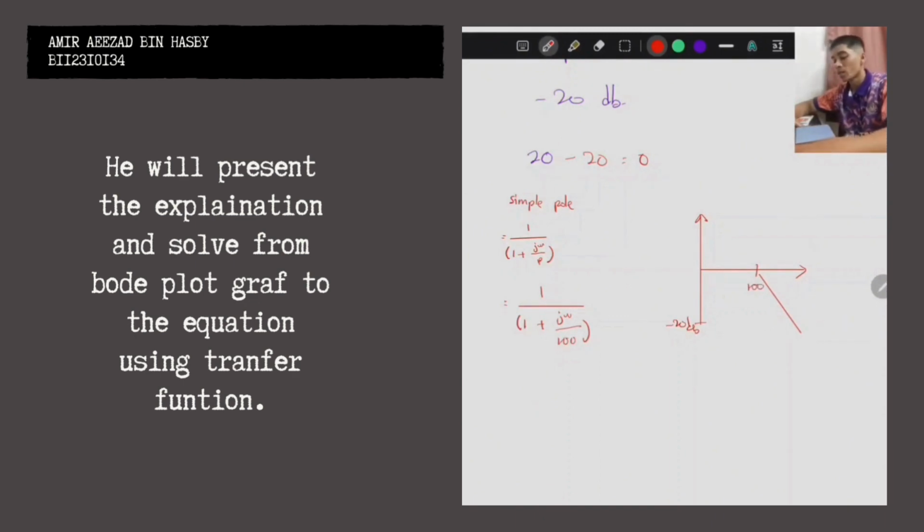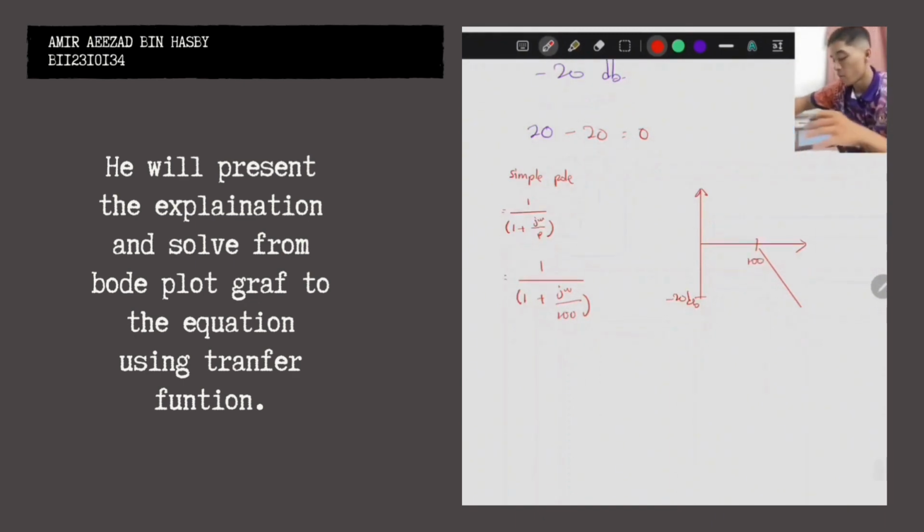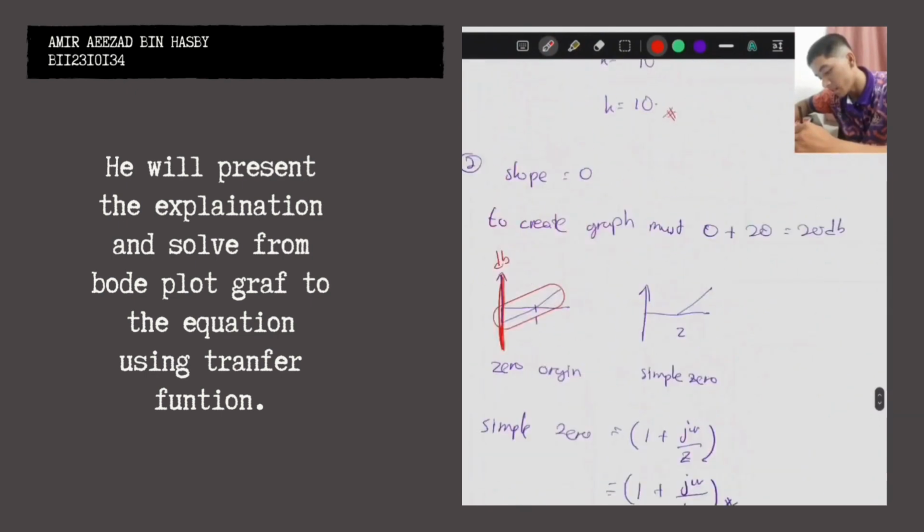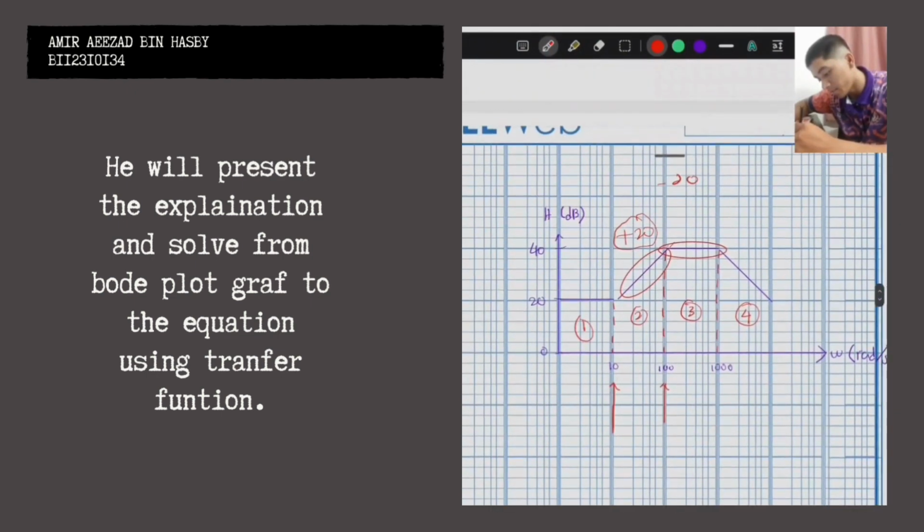Okay, for the last part of the graph, it shows a decreasing slope, which means again the slope that we need is negative 20 decibel.